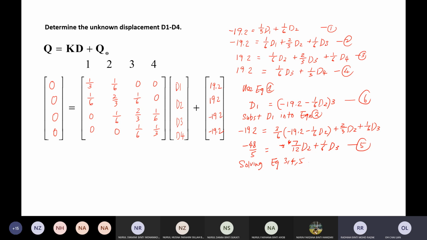Or the details transferred from our Q, K, D, Q naught. Is that correct? I think yes. So you have checked the inputs for the equations are okay? The equation form, is that okay? Have you formed the same things?